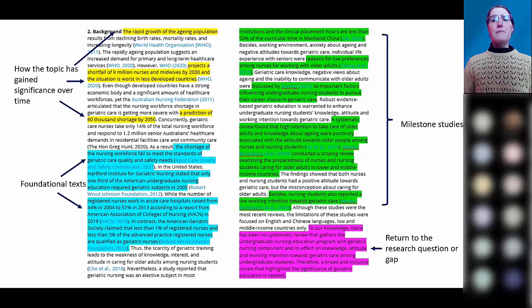They then detail the milestone studies that perhaps don't speak directly to their research question of the effectiveness of the program with a geriatric care component, but that do speak to the general lack of geriatric care components and the reasons nursing students might choose areas other than geriatric care to study. And they end by returning to the significance of the research question or gap by showing why the research is needed, given the history of the topic.